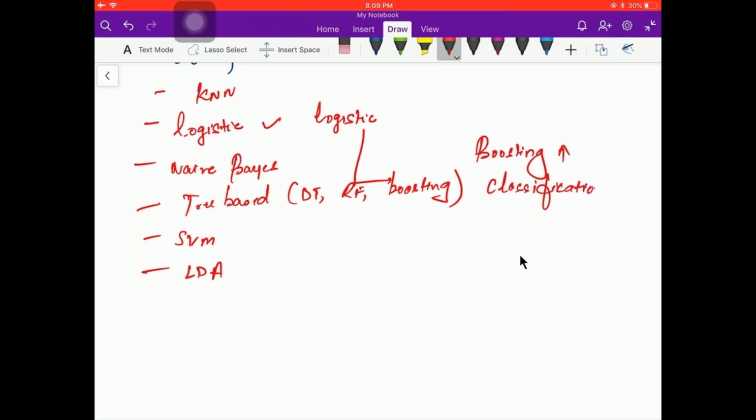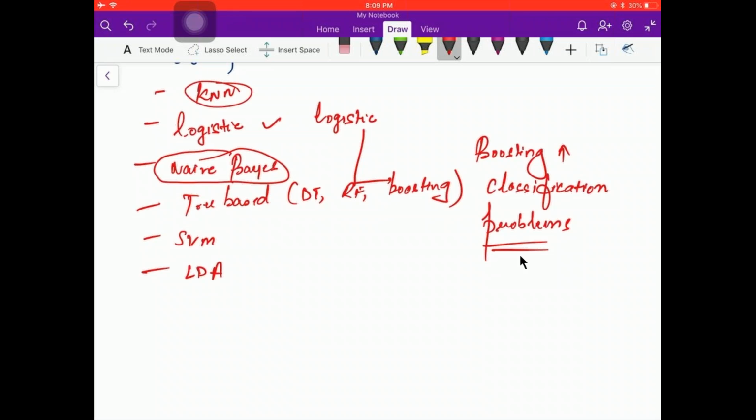Similar to regression, where we start with linear and then go to random forest and boosting, here we start with logistic and then go to random forest and boosting. And Naive Bayes and KNN can be used for feature generation, right?